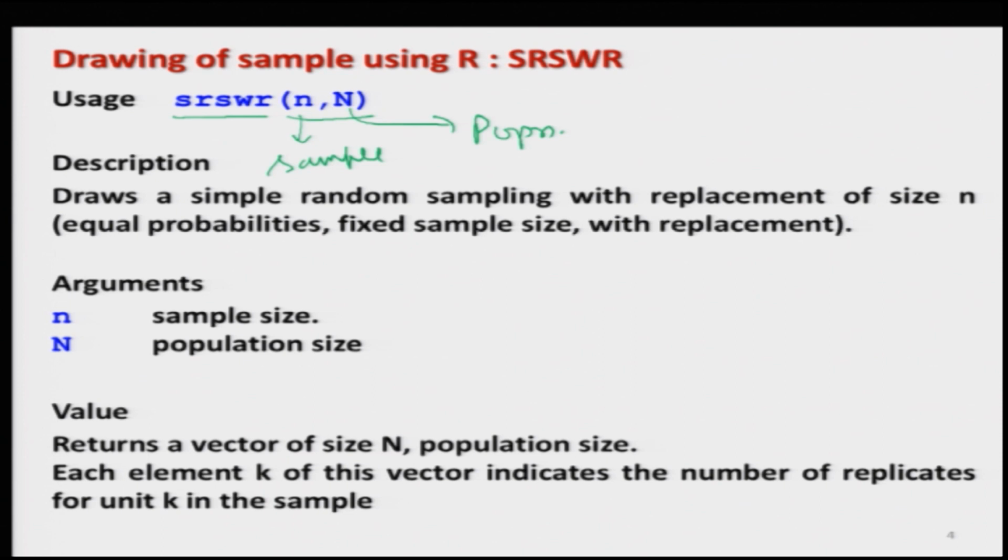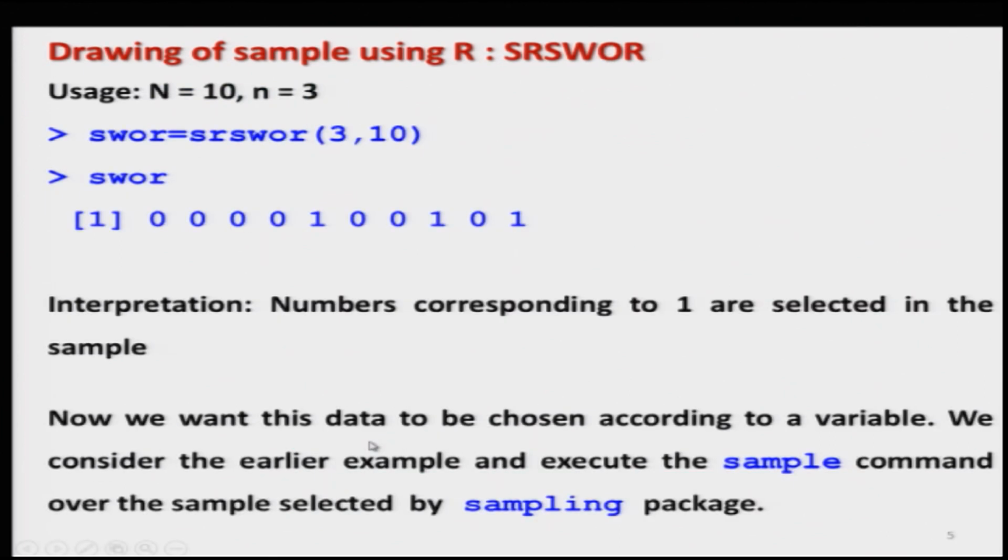Once we execute it, it will return a vector of size capital N. Each element k of this vector is the number of replicates for unit k in the sample. What does this mean? I will show you with some examples now.